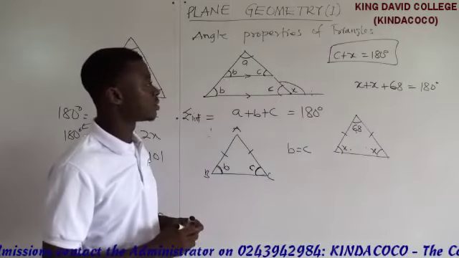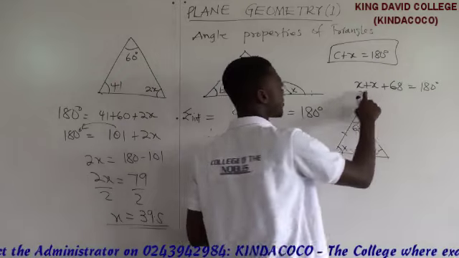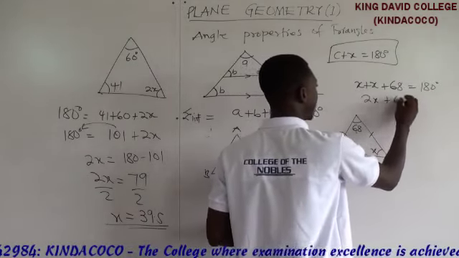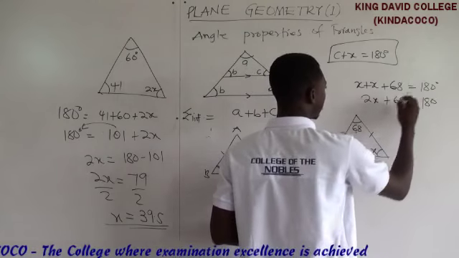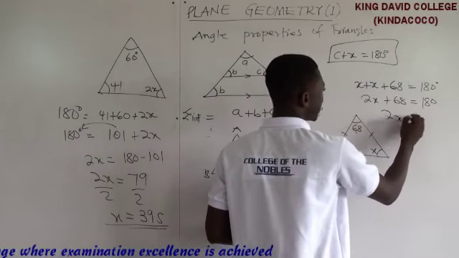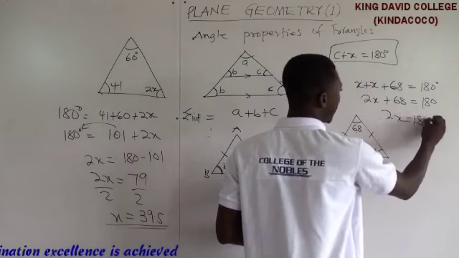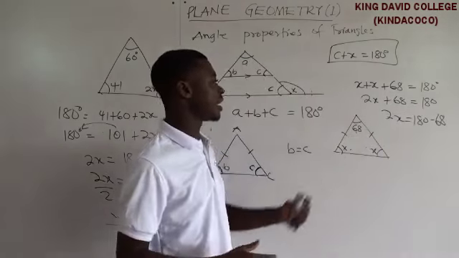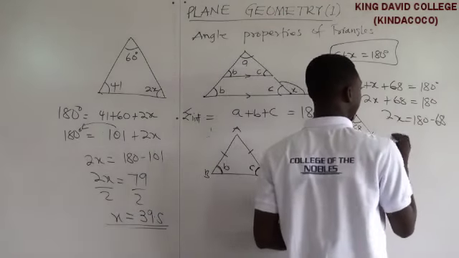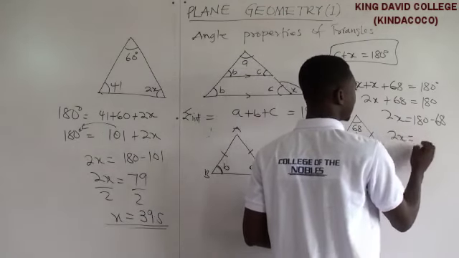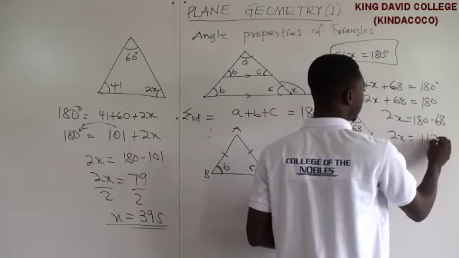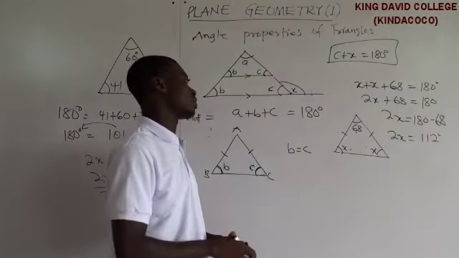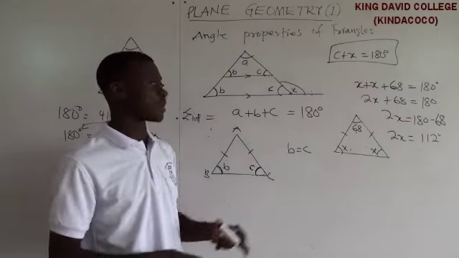So x plus x will be 2x, plus 68 equals 180. So 2x is equal to 180 minus 68, and that should give me 112 degrees.